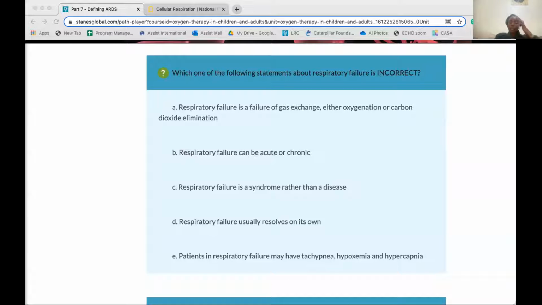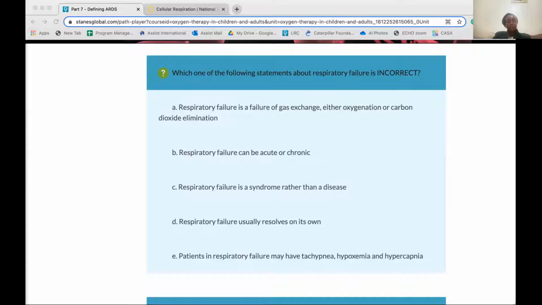Respiratory failure may have tachypnea, hypoxemia, and hypercapnia. E is true. D is the one that is false. It doesn't usually resolve on its own. You need interventions. Either you give oxygen, through non-rebreather masks or nasal prongs, or you can use mechanical ventilation. It is a syndrome rather than a disease is true.